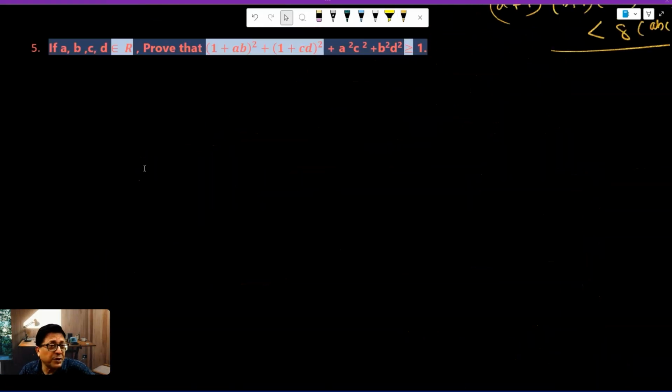Let us play with one more good inequality which will clear the concept, which will tell us mathematics is not bounded to our thinking always. It has its own pace. Problems are like that.